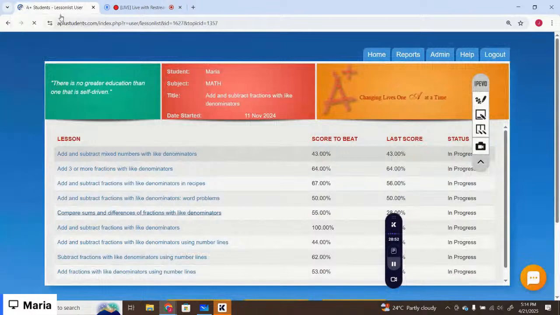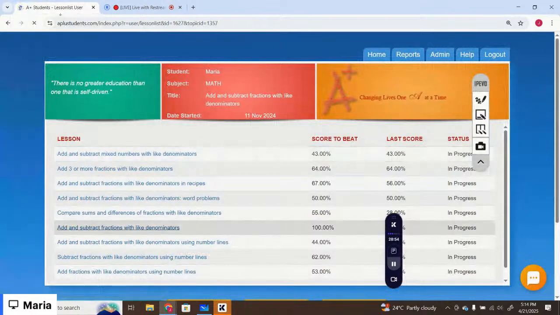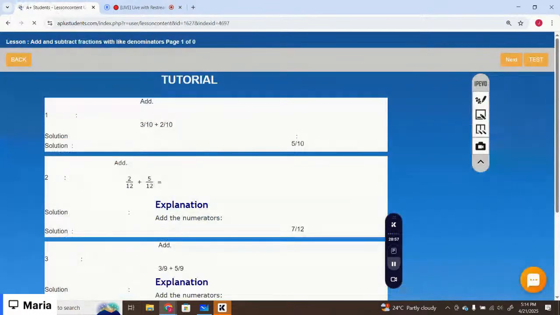The next lesson is add and subtract fractions with like denominators. 3 by 10 plus 2 by 10.